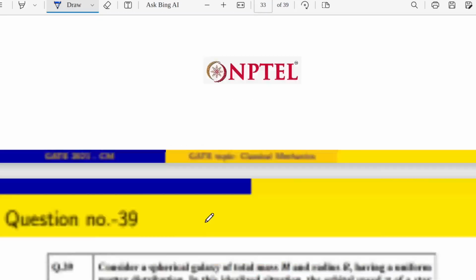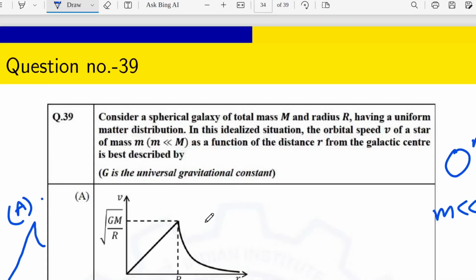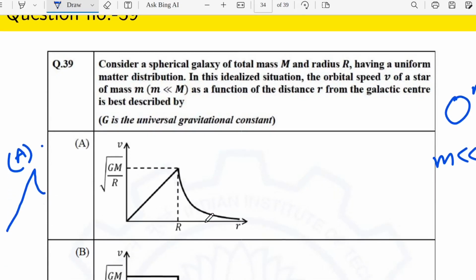The last one is: consider a spherical galaxy of total mass M and radius R having a uniform matter density. In this idealized situation, the orbital speed v of a star of mass m, very much less than capital M, as a function of the distance r from the galactic center is best described by which plot, and here G is the universal gravitational constant.